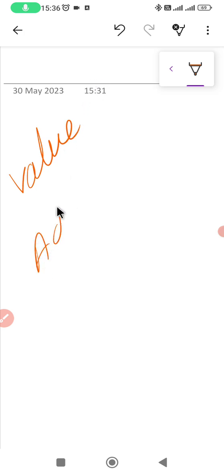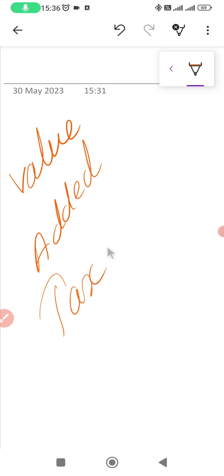As the name suggests, we are going to learn the meaning of the name value added tax. So what do you mean by value added tax? Income tax you might have heard about. Income tax means tax on income.